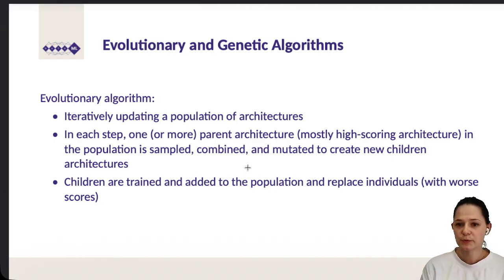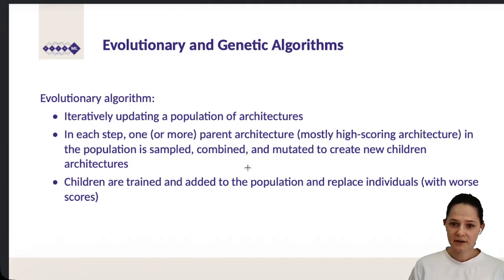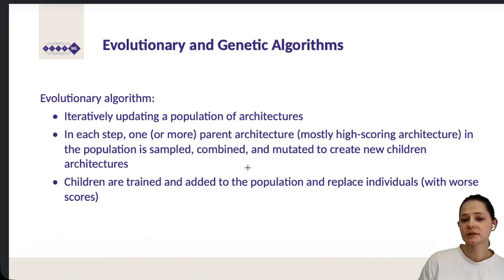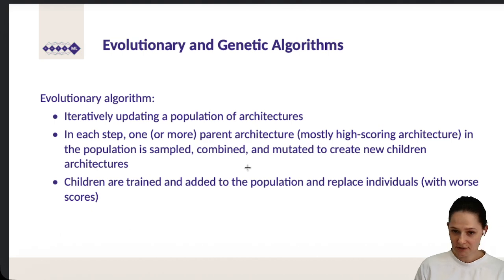Another approach which is very widely used, also in hyperparameter optimization and especially in neural architecture search, is evolutionary and genetic algorithms. The idea is to iteratively update a population of architectures. In each step, one or more parent architectures, which are mostly high-scoring architectures, are sampled, combined, and mutated to create new child architectures.